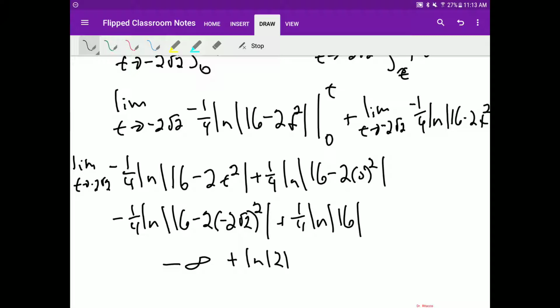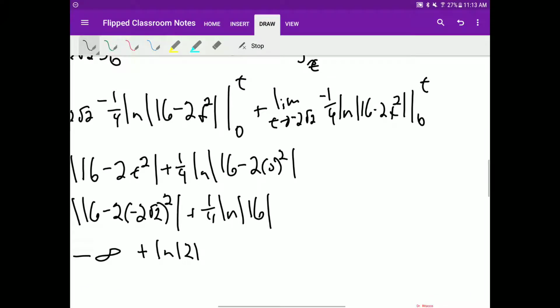And we're going to go to the other side and evaluate our limits. We're going to do the same thing with the same integrand, except now these limits are t to negative 4.